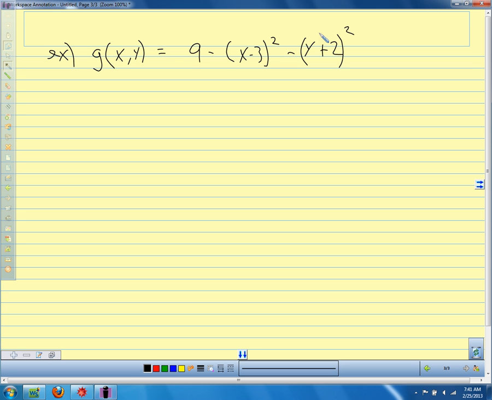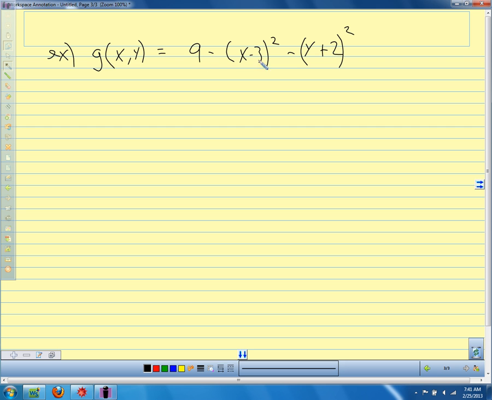And then in the coordinate plane, so if we say y equals 0, we get z equals 9 minus (x minus 3) squared. What kind of curve is that? Z equals x squared. We're going to get a parabola.